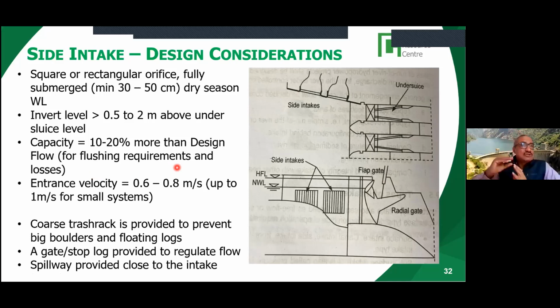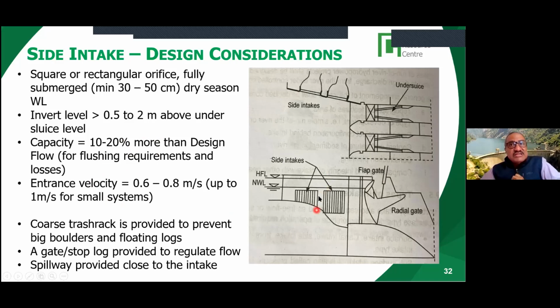Some part of the water that goes to the intake is used for flushing. That's why the capacity of the intake is 10 or 20% more than the design flow.